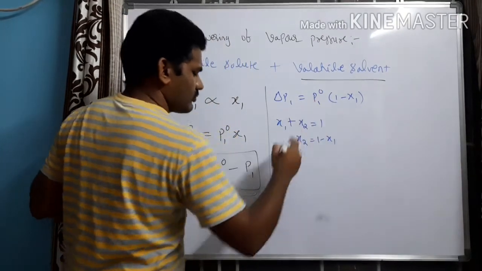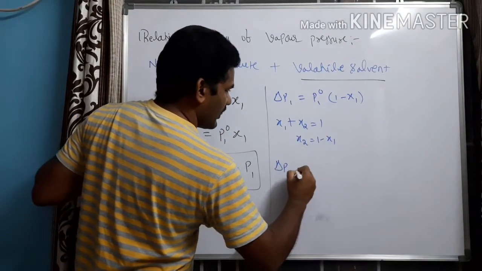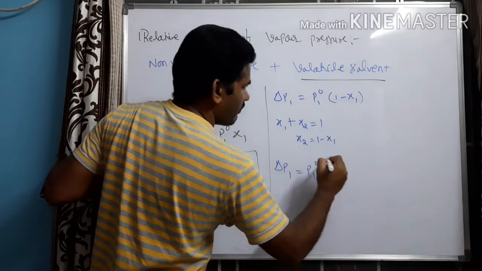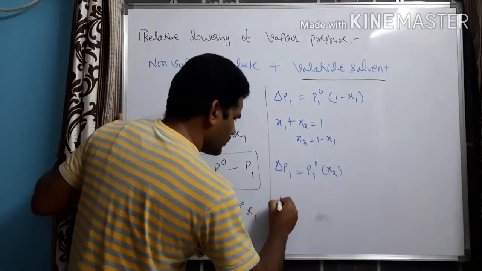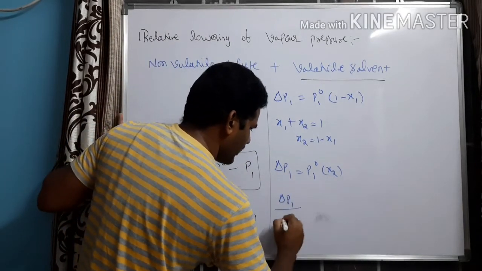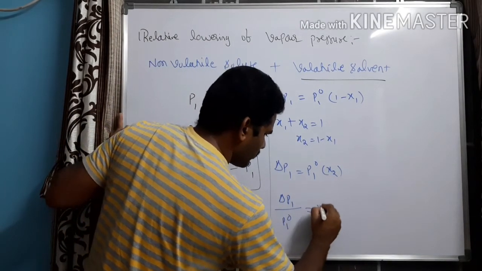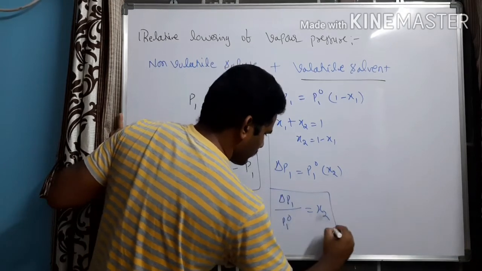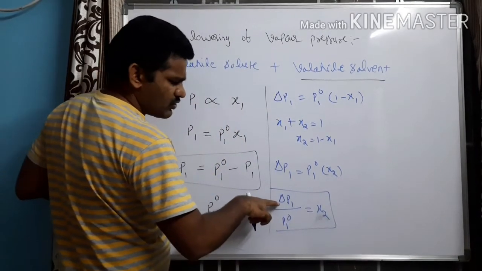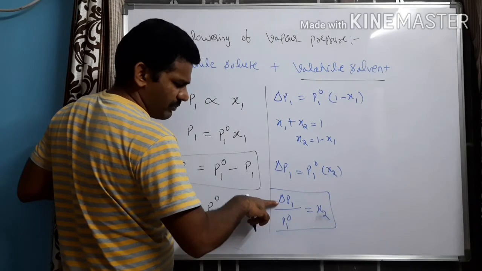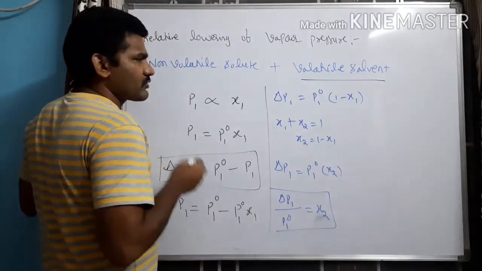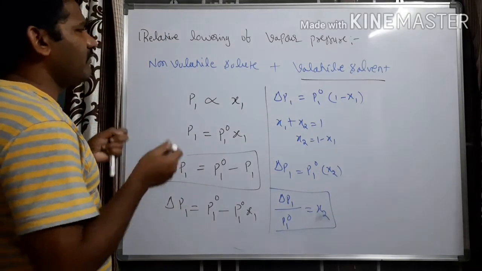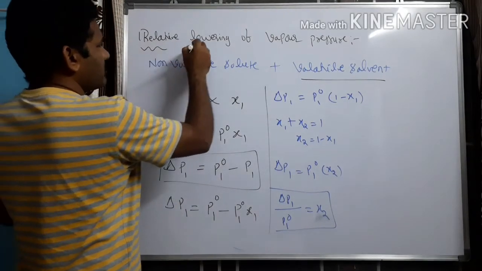Can I rewrite here? So I can write delta P1 is equal to P1 naught into X2. Take this P1 naught to this side. It will be delta P1 by P1 naught is equal to X2. This ratio of lowering of vapor pressure to vapor pressure of pure solvent is called the relative lowering of vapor pressure.